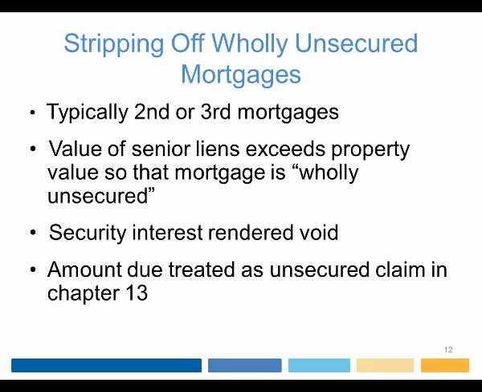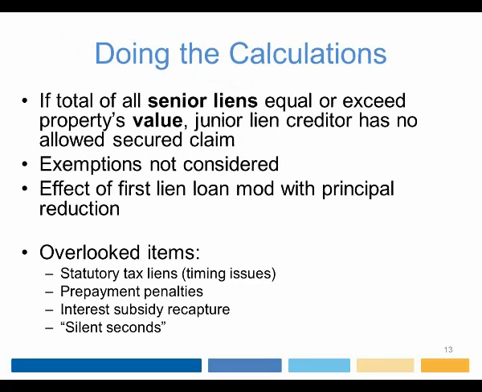They'll get 10% paid, and all the rest of it will be discharged, and the consumer can ask for an order that allows the lien to be released or indicated as completely satisfied.